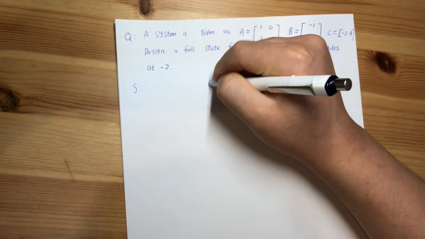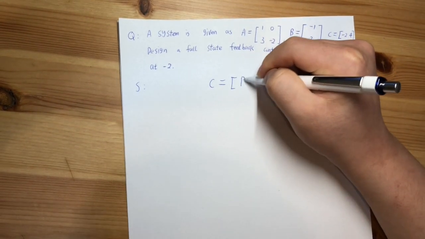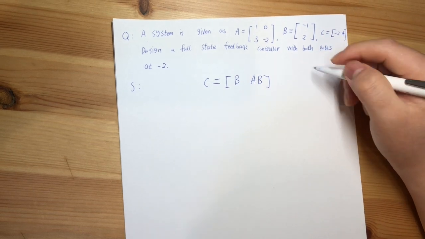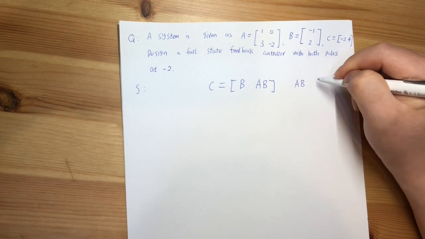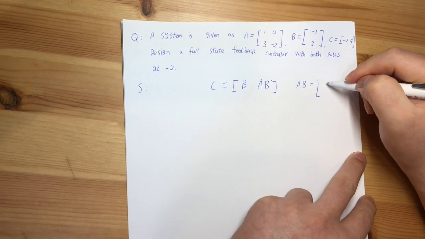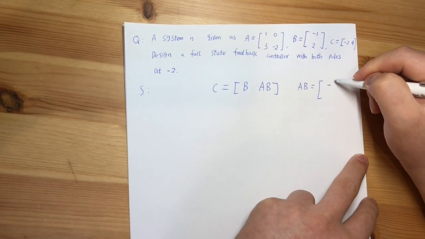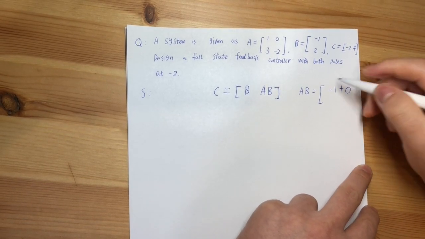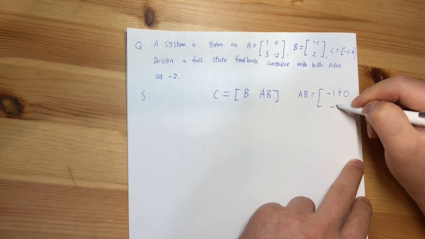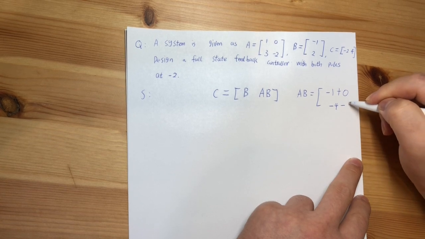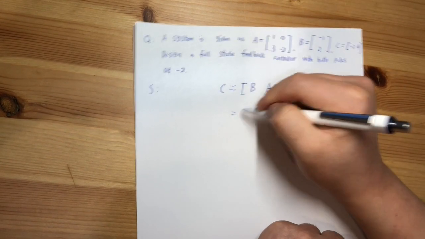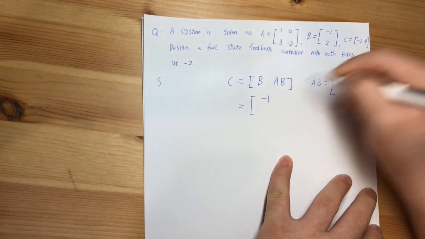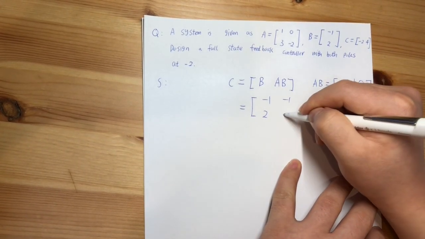We write the controllability matrix as [B AB] for a second order system. Using matrix calculations, AB is equal to [-1, 0; -4, -3], and then the controllability matrix becomes [-1, 2; -1, -7].